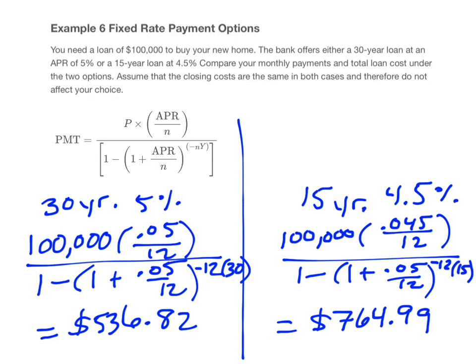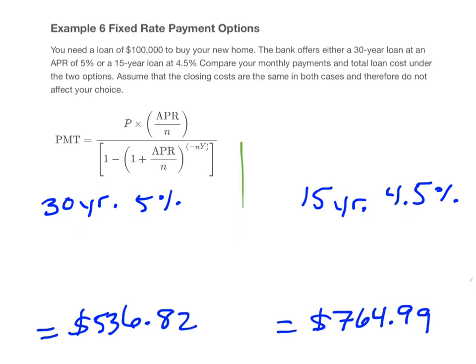But notice it's not exactly twice as much, and that's because you are saving some money in interest. You're not accumulating as much interest to pay off, so you don't need to pay twice as much in order to pay that off. Now let's look at the total amount that accumulates for the loan.